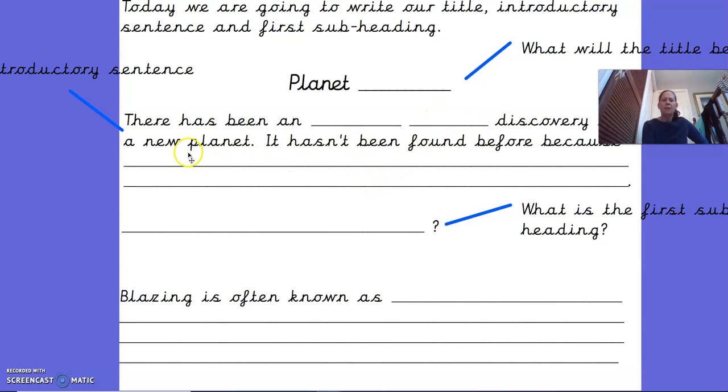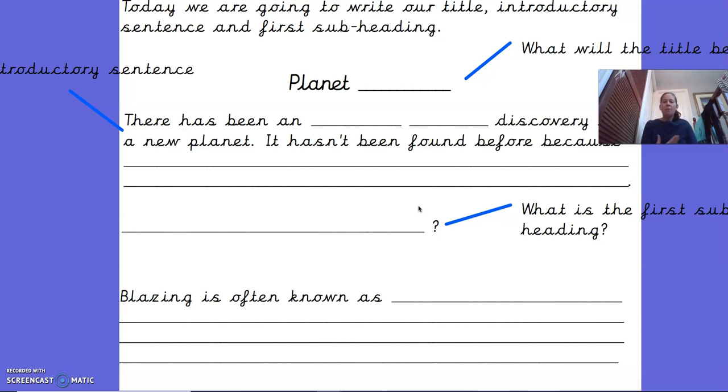So I might put, there has been an exciting, amazing discovery of a new planet. It hadn't been found before because it was blocked by other planets. And I'm taking that information off the sheet that I did at the end of term 3 for Planet Blazing. So I'm not making it up again. I'm referring back to my sheet.